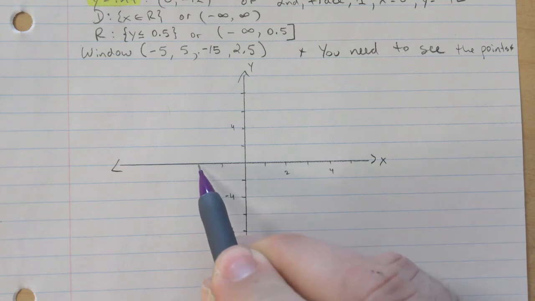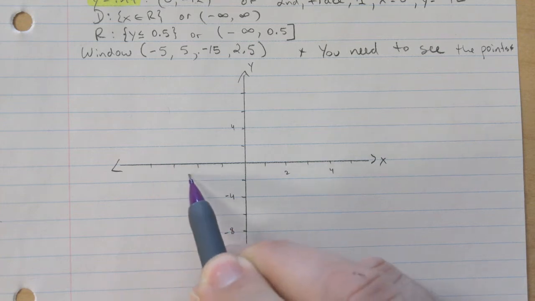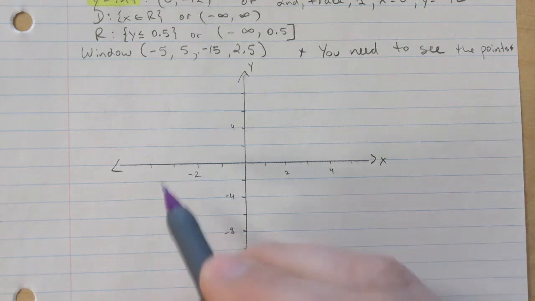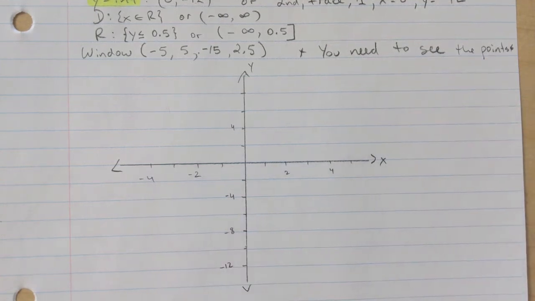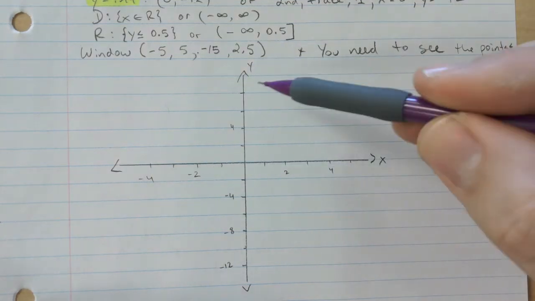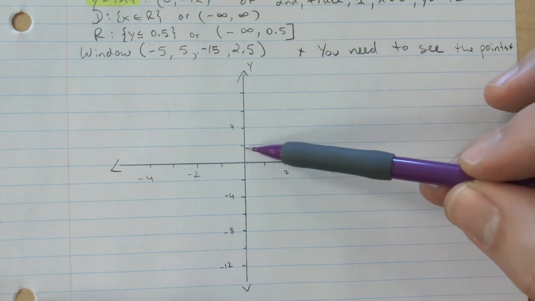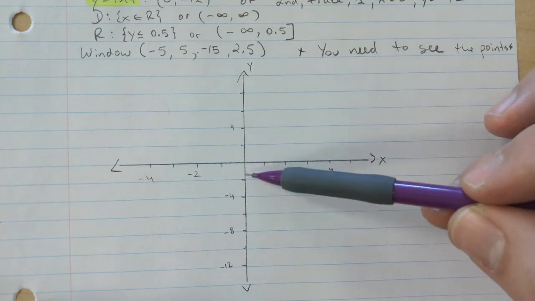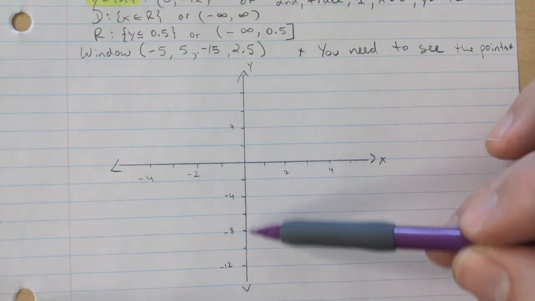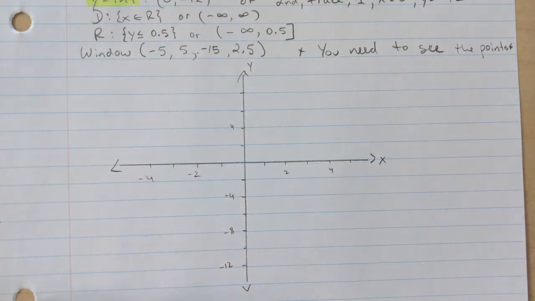Approximately, if you need a ruler to help you out with the spacing, do it, right? I'm going to go -4 here. So that would be a good start, right? Labels, scale. Is it a consistent scale? I'll be looking for that, right? Yep, going up by 2 constantly, going up by 2, down by 2. So that's good. There's a scale of 2 here and a scale of 1 there. All consistent, sure.